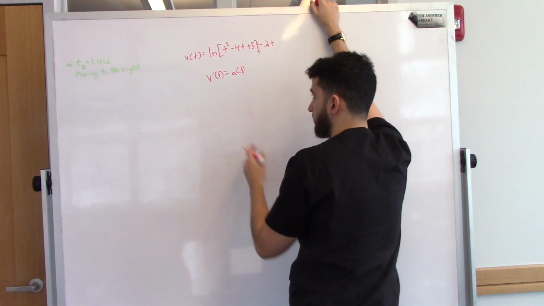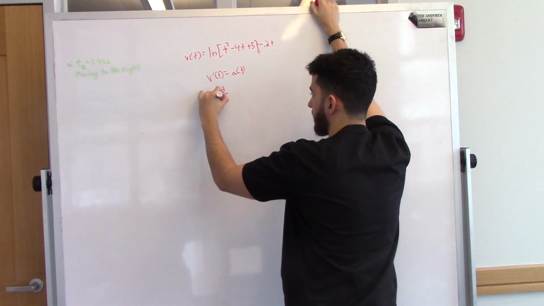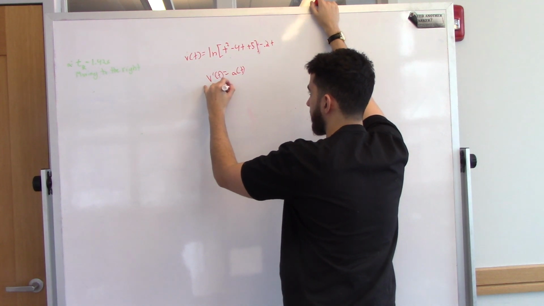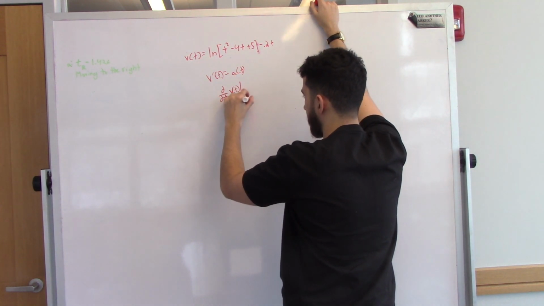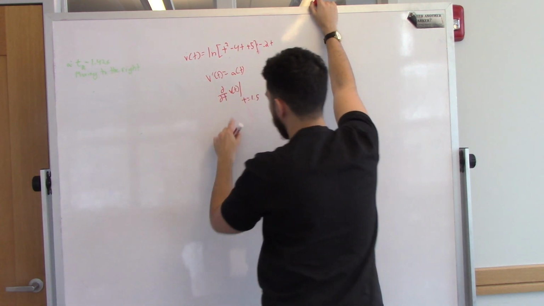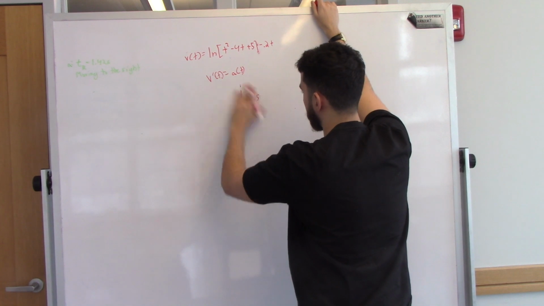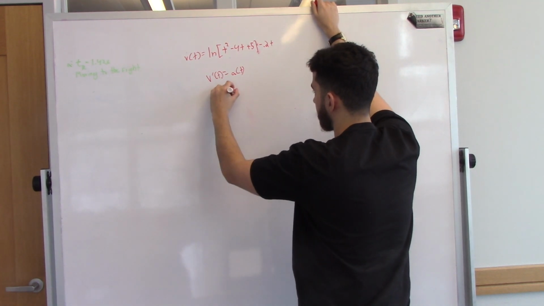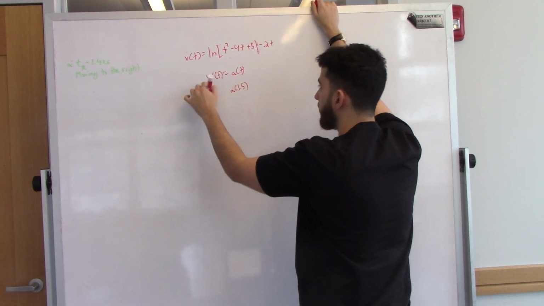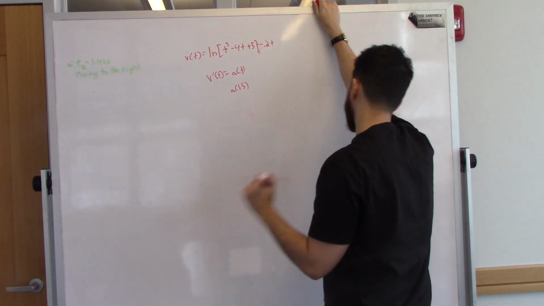And now you're just gonna find the derivative with respect to time of v of t evaluated at t equals 1.5. You could also just write a of 1.5. You do want to show this because that shows you know how they're connected.